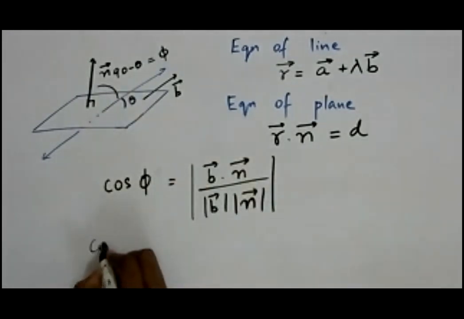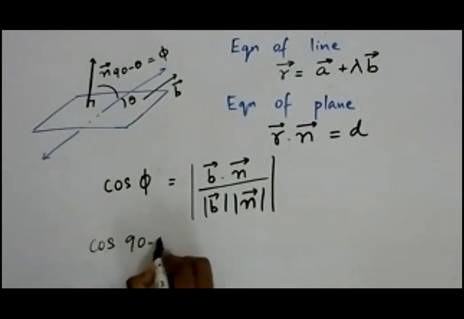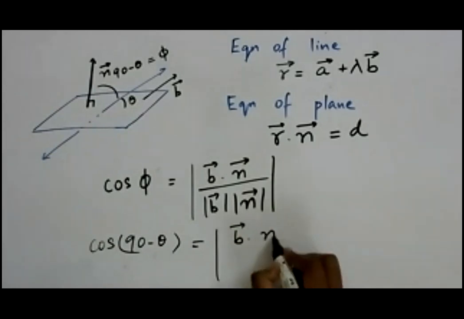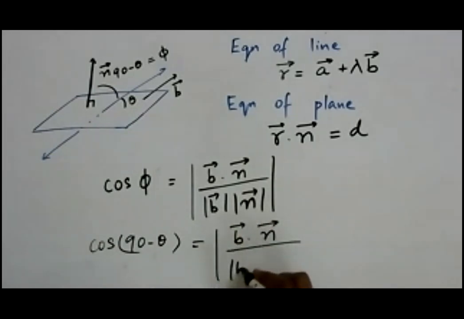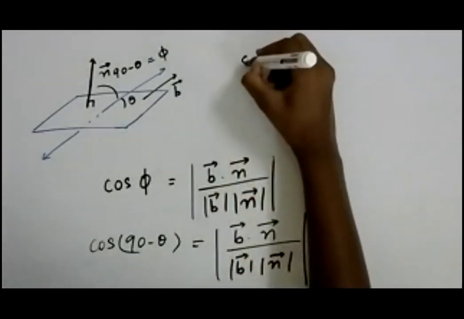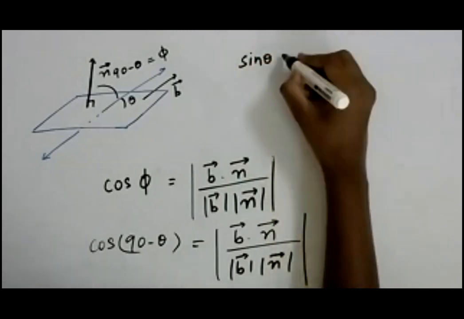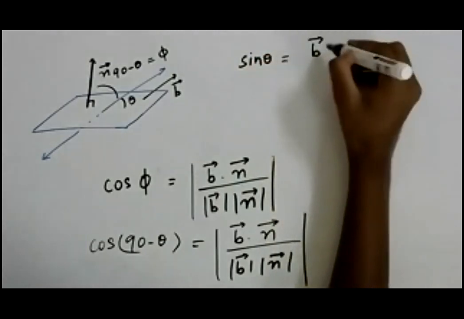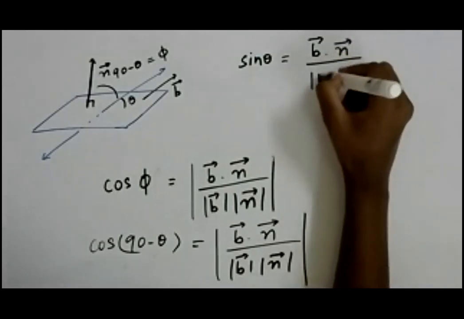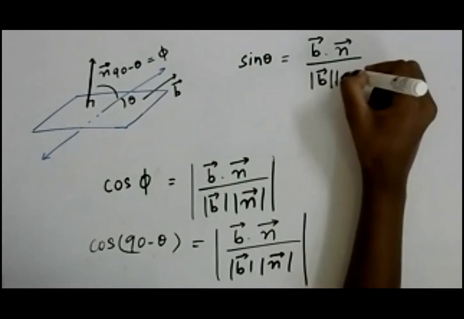So we have cos of (90 minus theta) is equal to b vector dot n vector, the whole upon magnitude of b times magnitude of n vector. But we know that cos of (90 minus theta) is nothing but sine theta. So we have sine theta is equal to b vector dot n vector, the whole upon magnitude of b vector times magnitude of n vector.